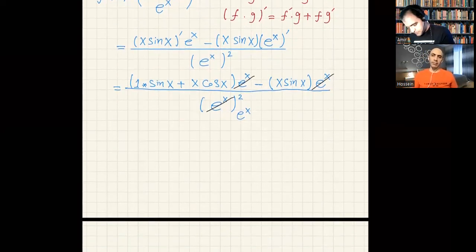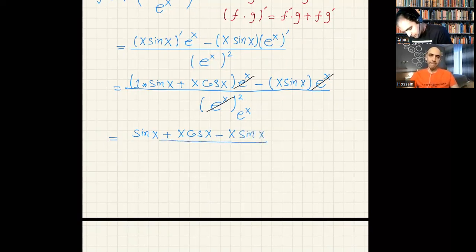So it's going to be sine of x plus x cosine of x minus x sine of x, divided by e to the x. Am I right? Correct.